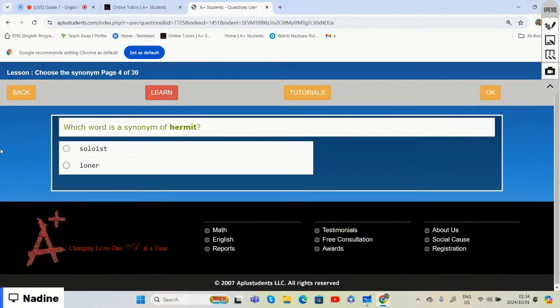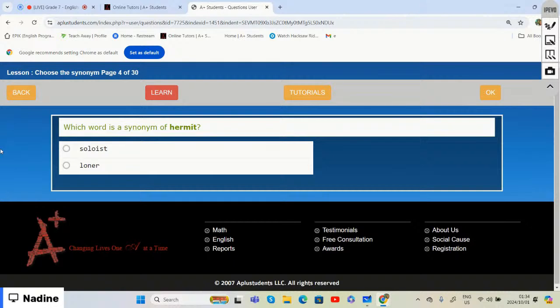Now we're going on to the next one. We need to say what is the synonym of hermit? Is it soloist or loner? Hermit.